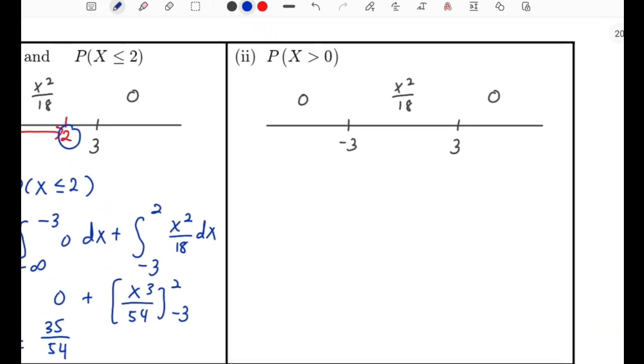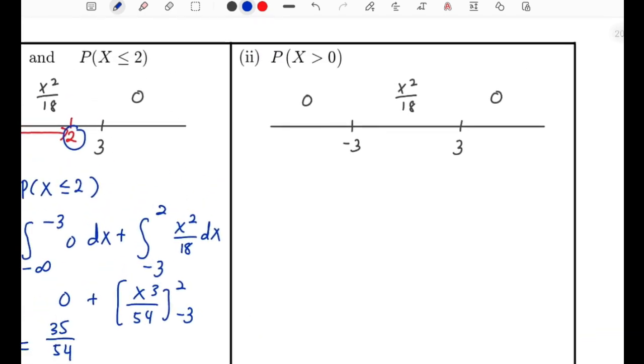The second one, to find the probability x greater than 0, we need to integrate. I will put 0 onto the number line, so it's situated around there, and then we're going to find the probability x greater than 0, which means to the right of 0. So we need to separate it into 2. For the first part, we integrate from 0 to 3, where the function is x squared over 18.